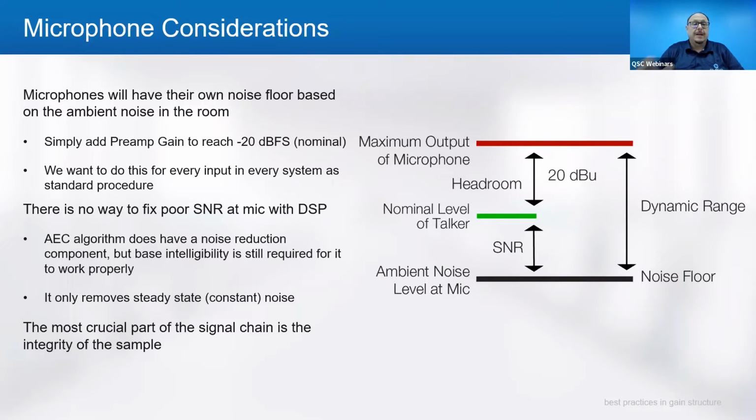There is noise reduction in the AEC algorithms, but that is really just to get rid of steady state and constant type noise. It's not there to get rid of ambient noise into the microphone itself or circuitry-based noise.